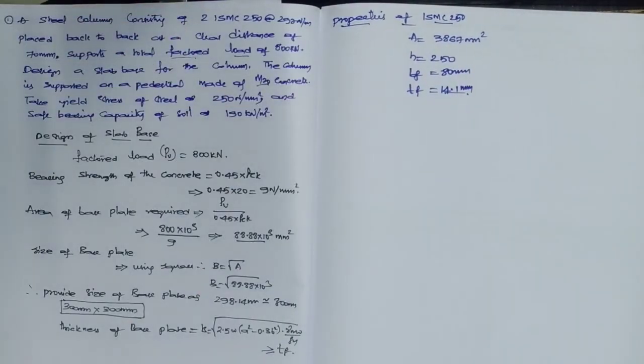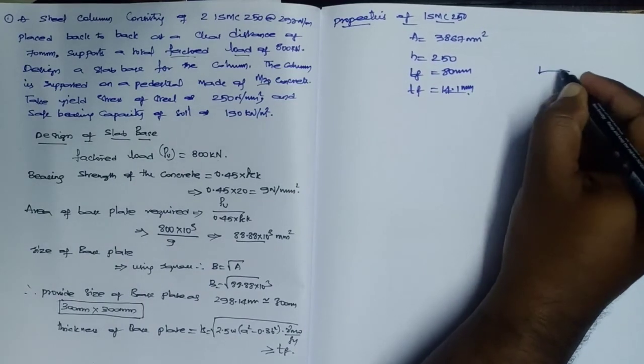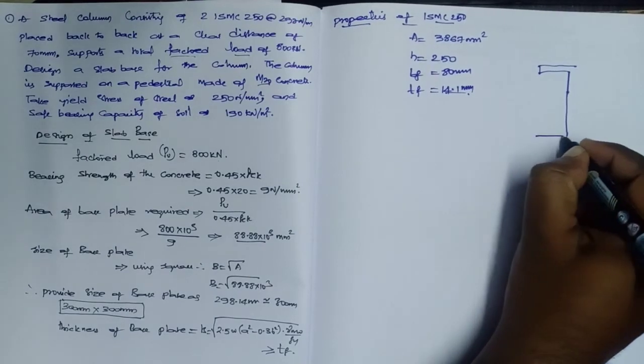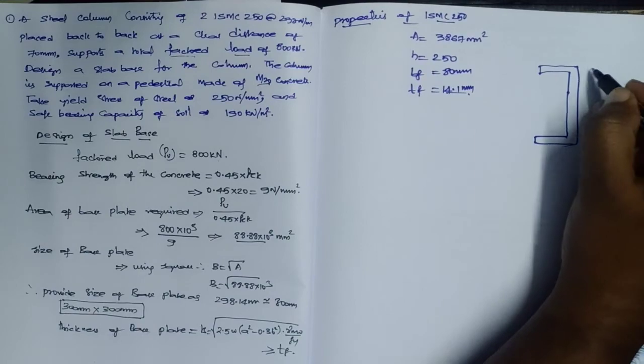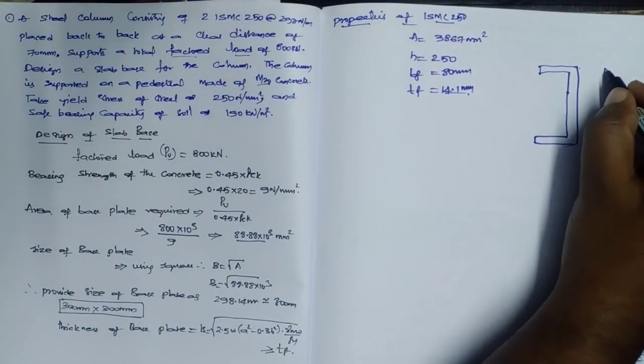Right. Now for that, we try to draw the figure. 80, 250. Next gap is how much? Clear distance of 70 mm.